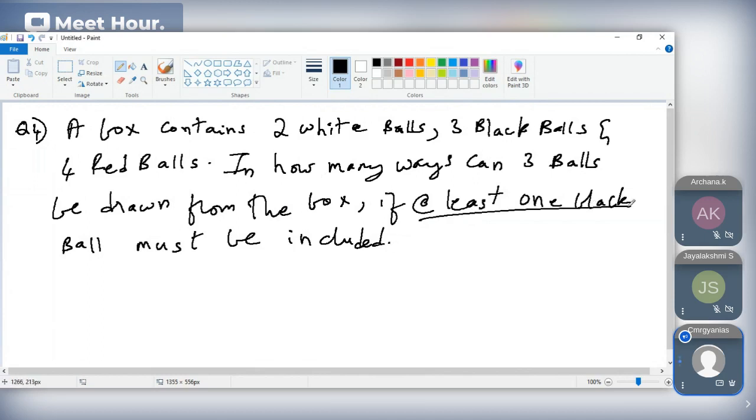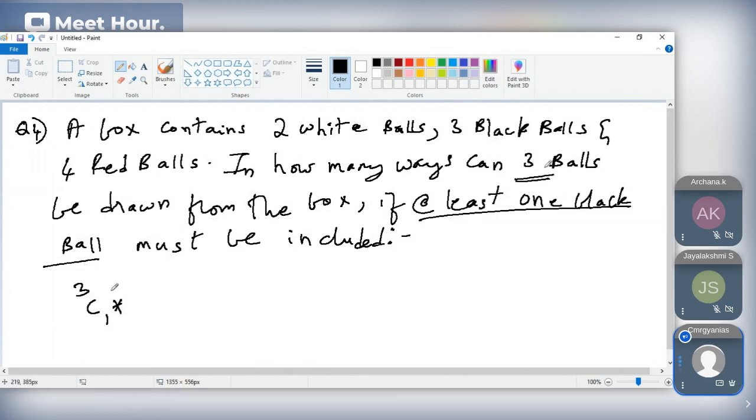So the condition is at least one black ball must be there. That's the only condition. So in three black balls, I take one black ball, and means always multiplication. Remaining how many balls are there? You have to draw only three balls.